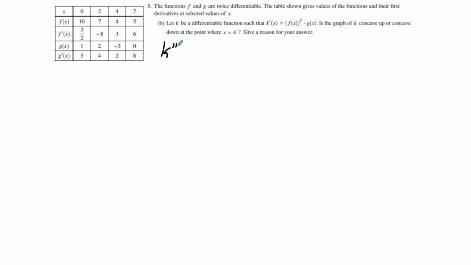So this part is actually going to be a product rule inside of a chain rule. So we're going to do derivative of the first times regular of the second plus regular of the first times derivative of the second. And the first one has to do chain rule, so we would do 2 times f of x, and then multiply that by f prime of x.